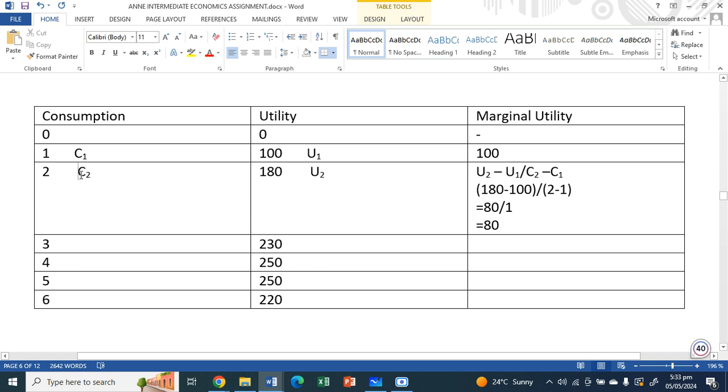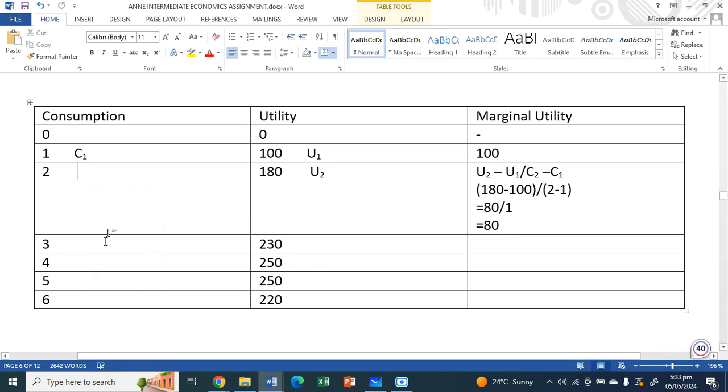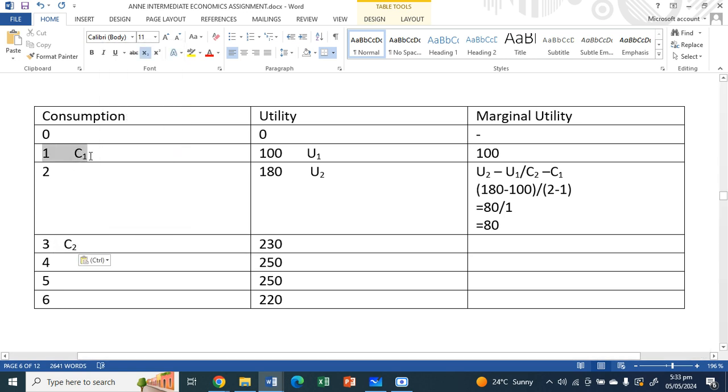So it means our C2 now becomes 3. And our C1 becomes 2.